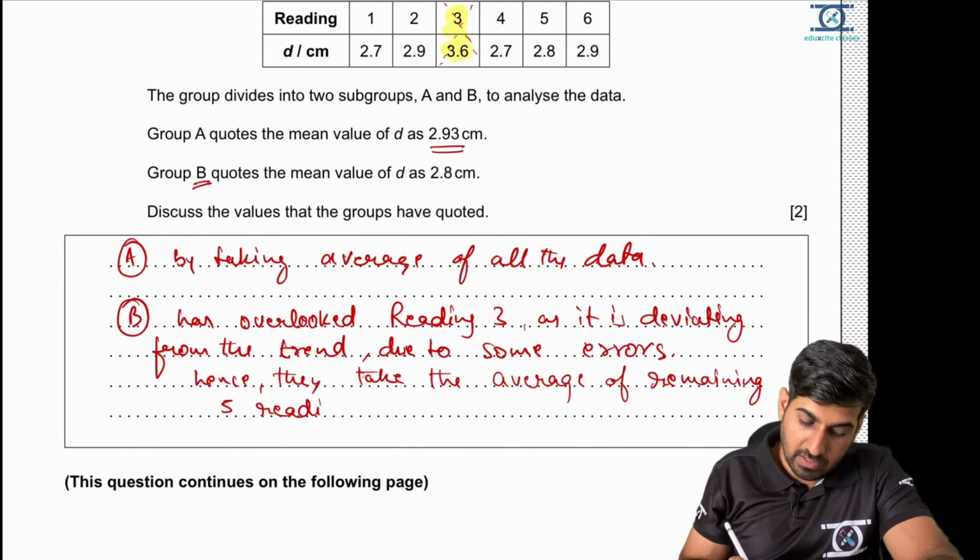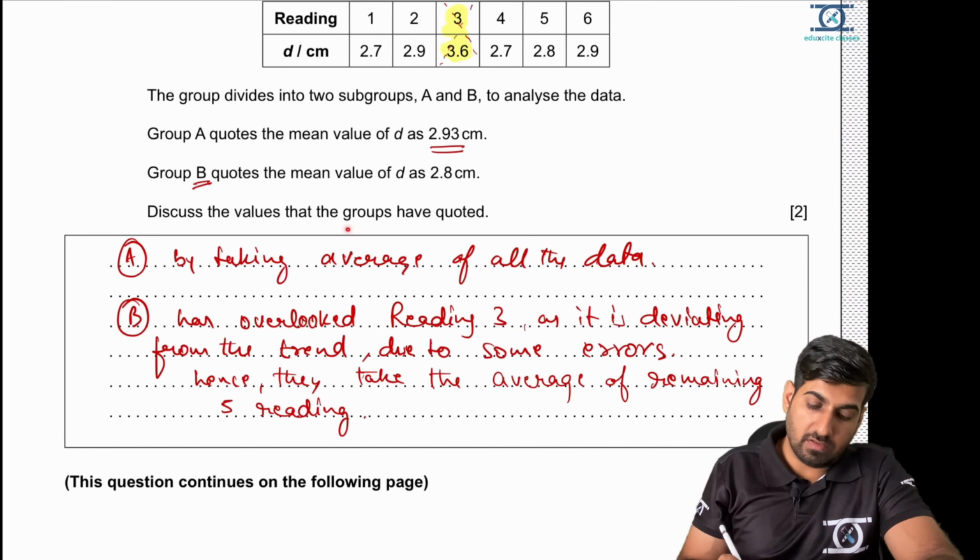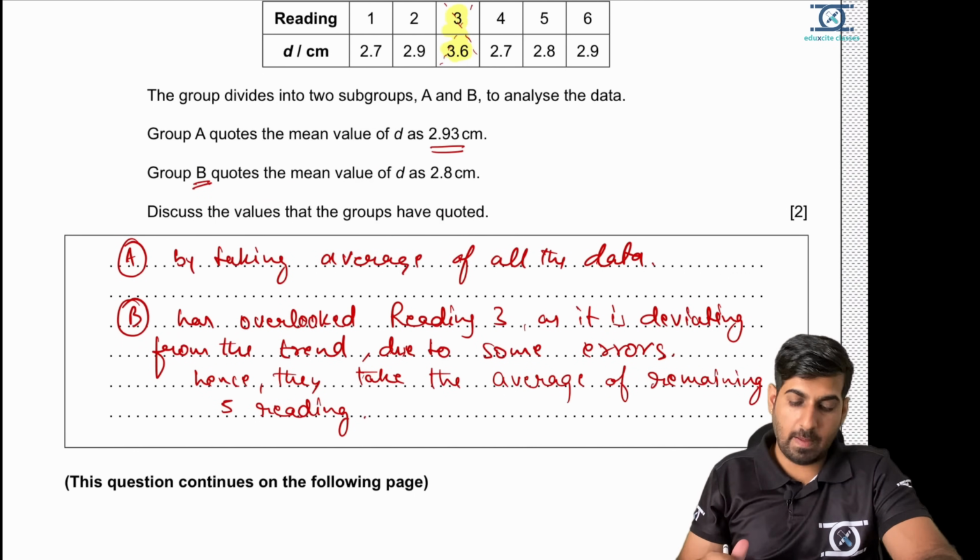So that is what we can discuss about the groups and their mean value of D. Okay.